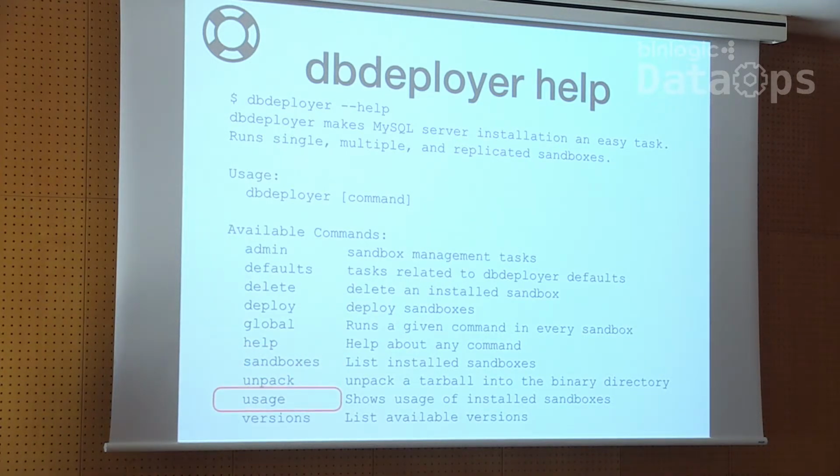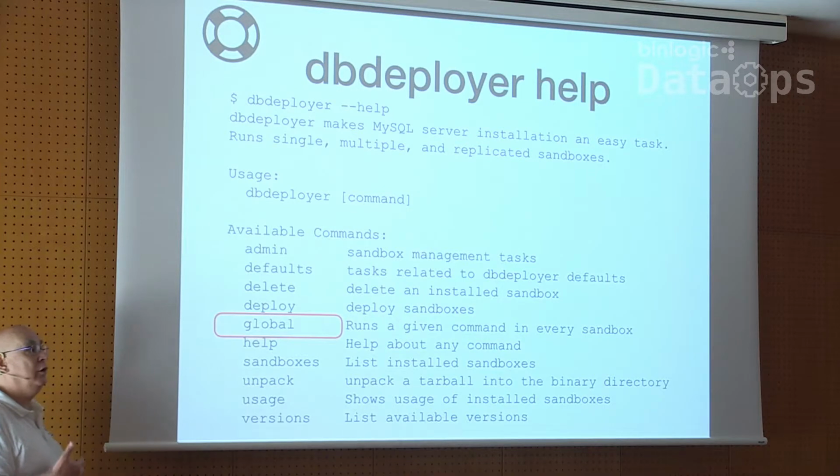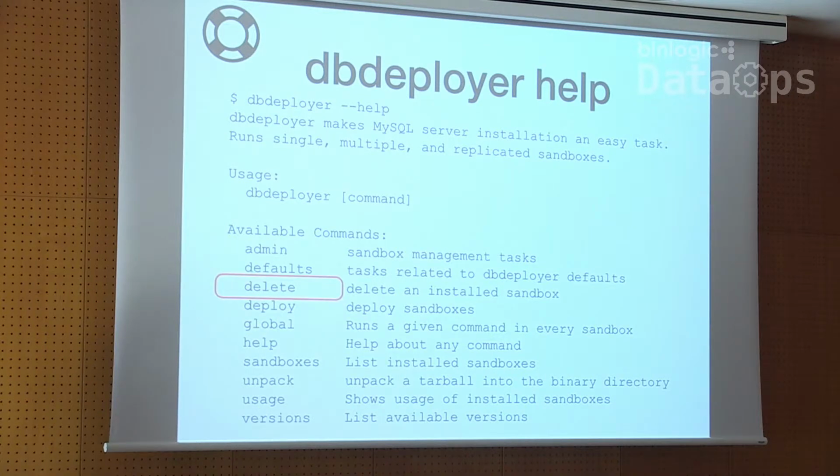The usage is basically a short manual to tell you how you can use the sandboxes that you have installed. Global is a set of shortcuts that you can use to test quickly all the sandboxes at once. Delete when you want to get rid of the sandboxes.